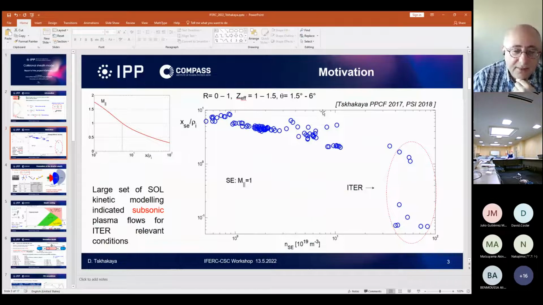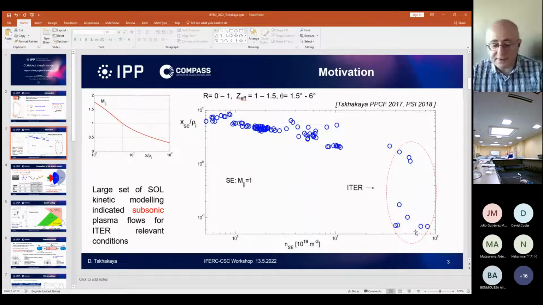It was published some time ago. We found that the position of the point where Mach equals 1 is exactly in agreement with the classical model, within a few ion Larmor radii. It was quite a good result. And then we continued increasing density to come to ITER-relevant densities.